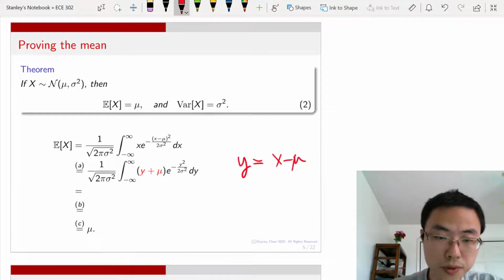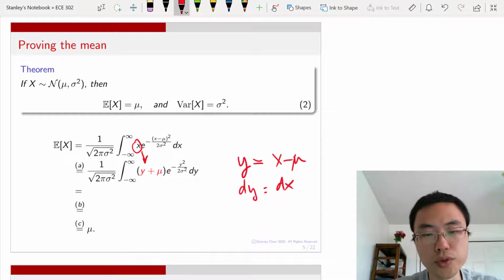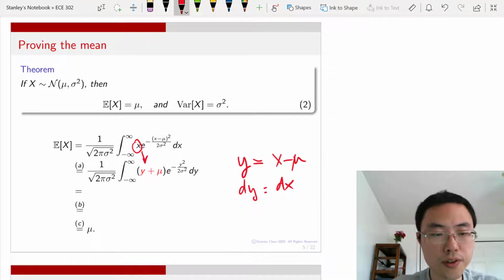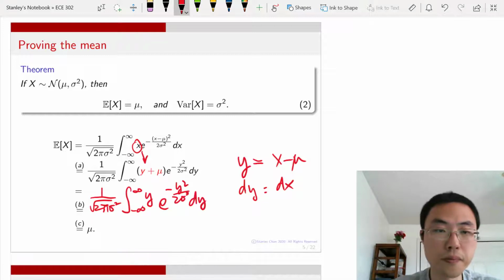Of course dy equals dx, and x becomes y plus mu. You just shift the mu to the left-hand side. Then you have this equation here. You have 1 over root 2 pi sigma squared, and then the integration from minus infinity to infinity of y e to the minus y squared divided by 2 sigma squared dy. That's the first part.